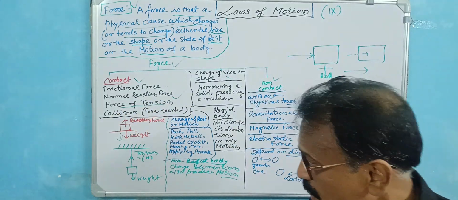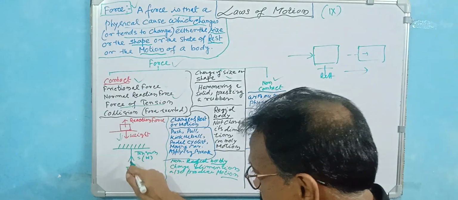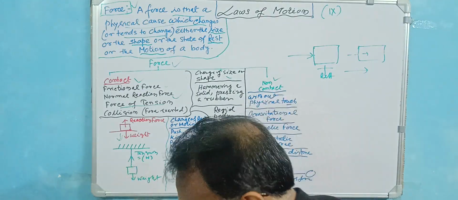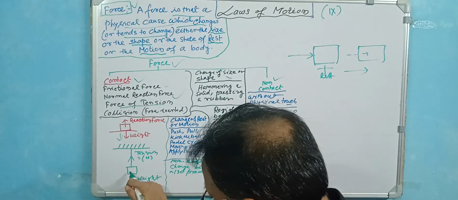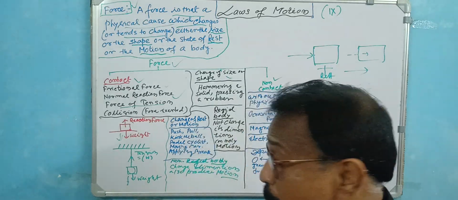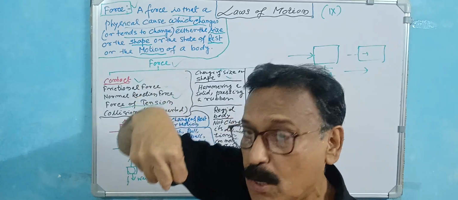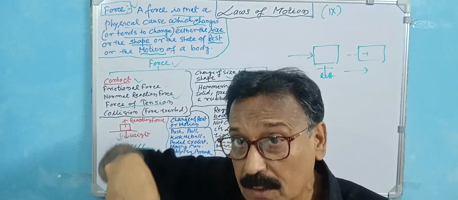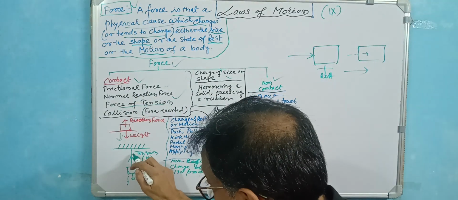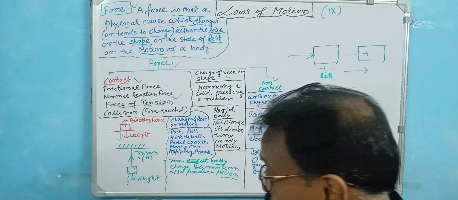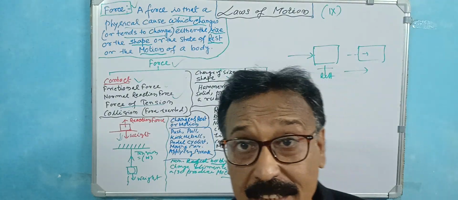Next is the force of tension. Here is a string. Suppose this is a fixed thing, and a wire is there. If you just hang this body, the weight of the body is downward, but the string holds it, so the tension is there. This is upward and this is downward. So on the string, a tension is acting.